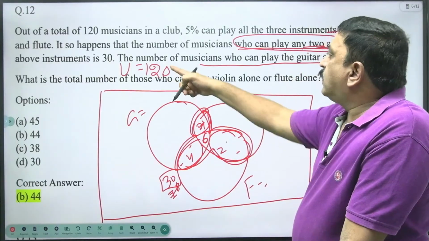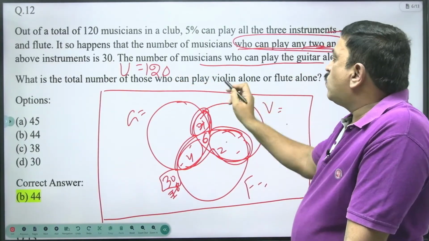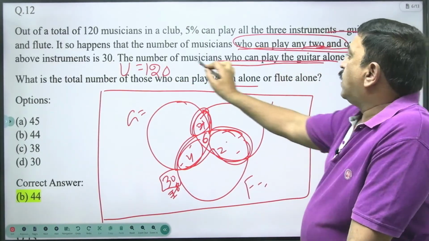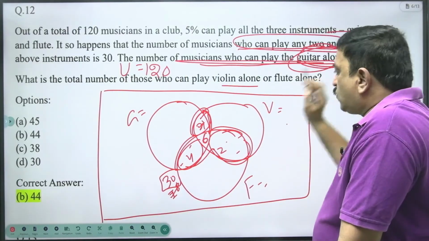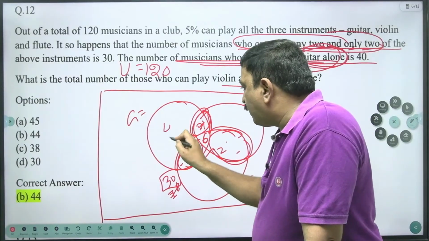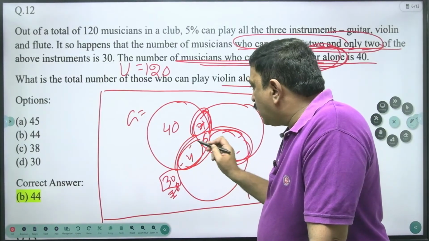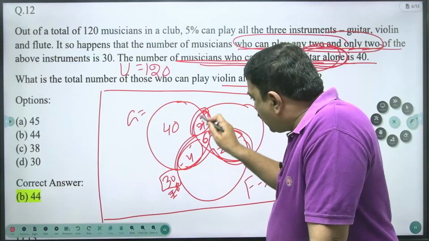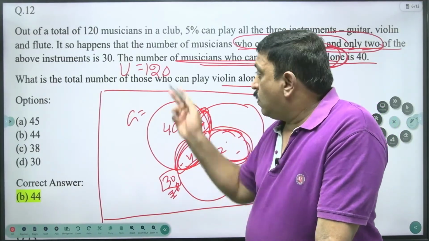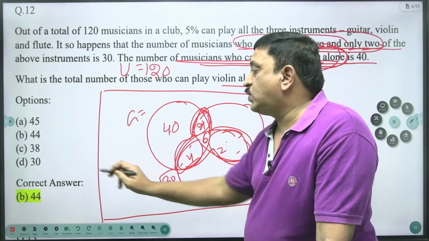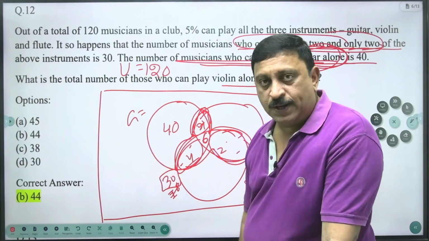The number of musicians who play only guitar alone is 40. If this is 40, total is 120 and this part is 30, 40 plus 30 is 70. 120 minus 70 is 50 actually. So it should be 50.